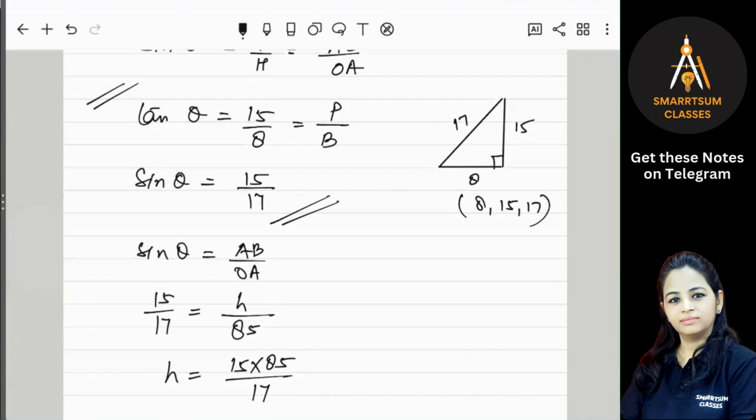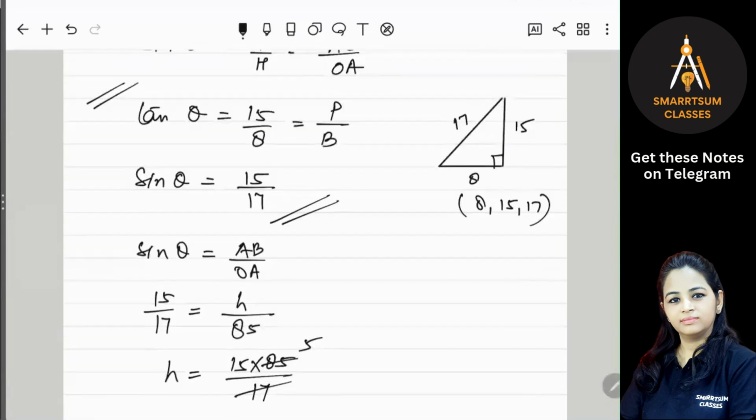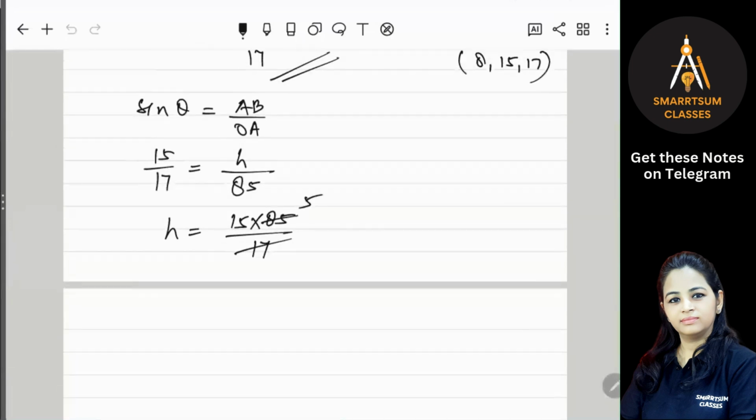So this is now 5, right? We can get this. And therefore, we can find out the value of h. That is 15 into 5, that is 75 meters. Is that clear? So in this way, we have got the height of the kite from the ground, right?